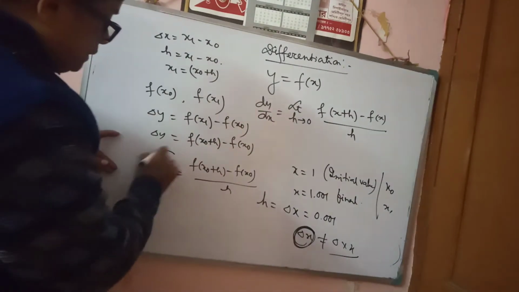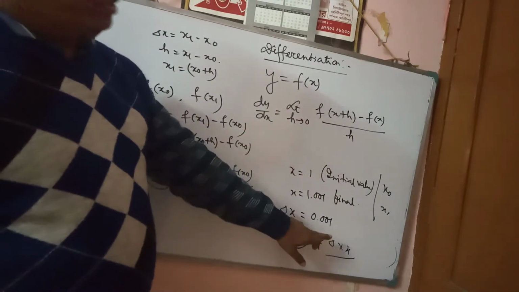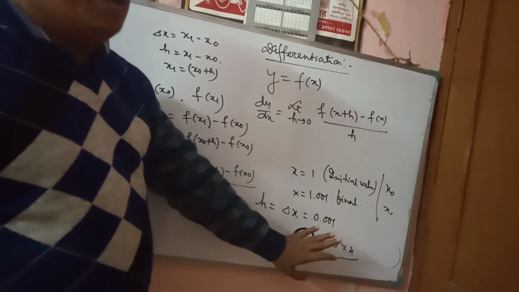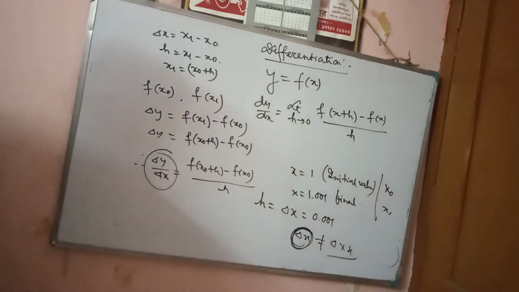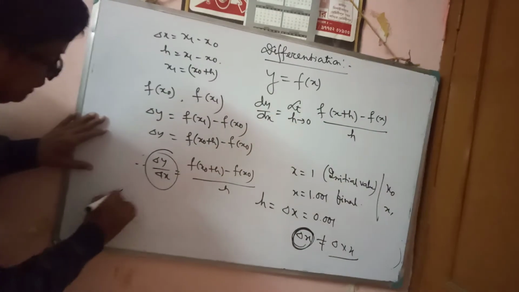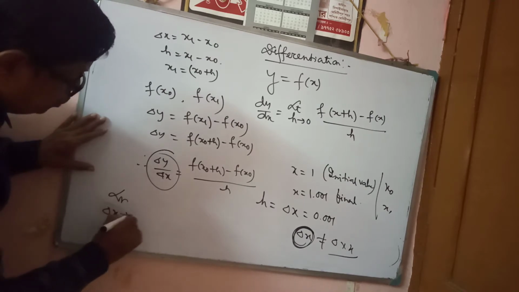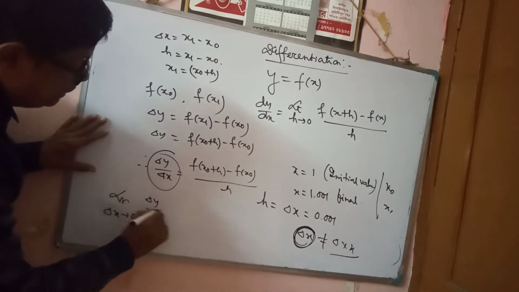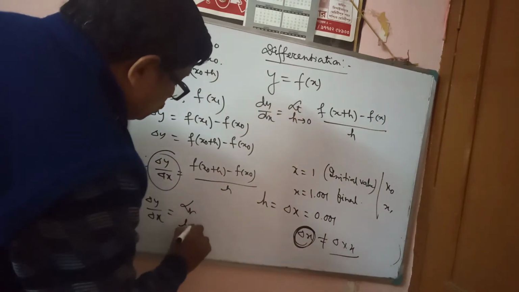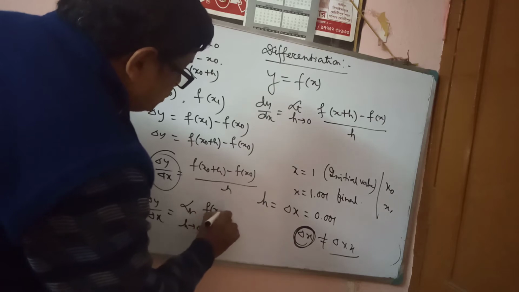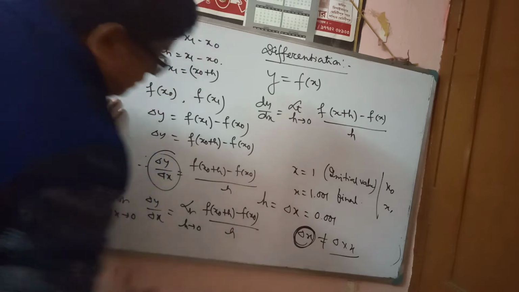If delta x tends to 0, that is very close to 0, like 0.001, 0.0001, then we write the limit: this ratio delta y by delta x equals limit h tends to 0 of f of x0 plus h minus f of x0, divided by h.